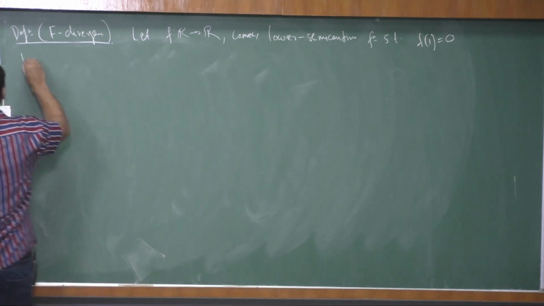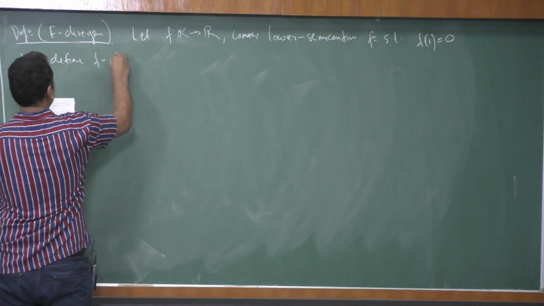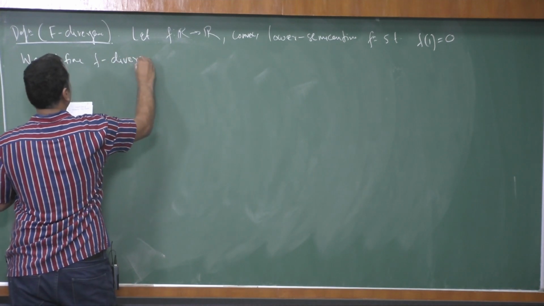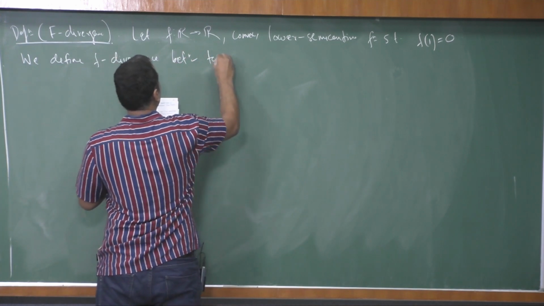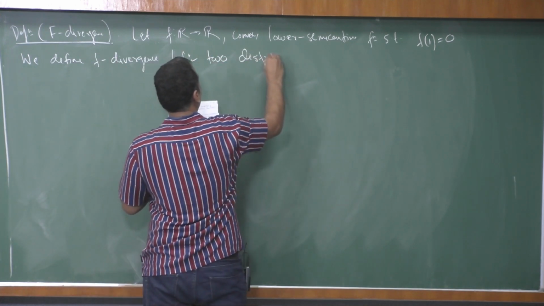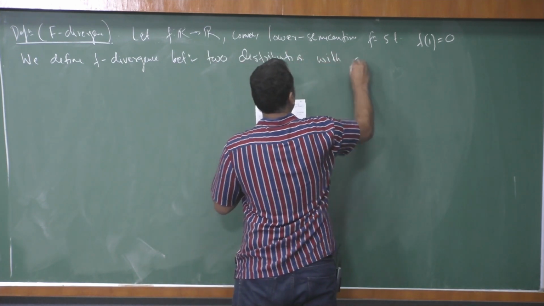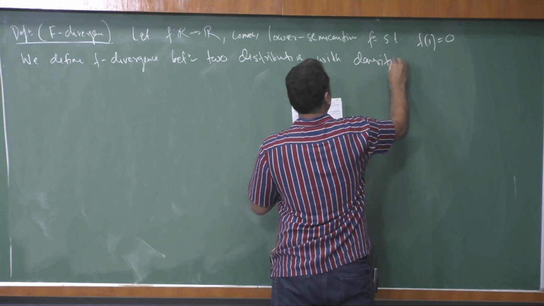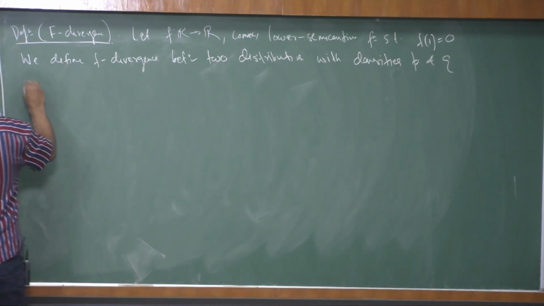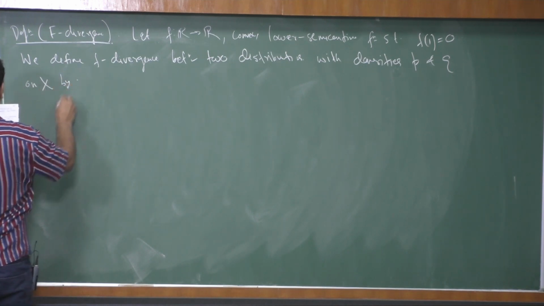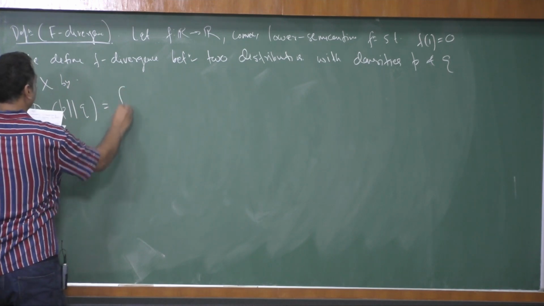We define the f divergence between two distributions with densities p and q on X by D_f(p, q).